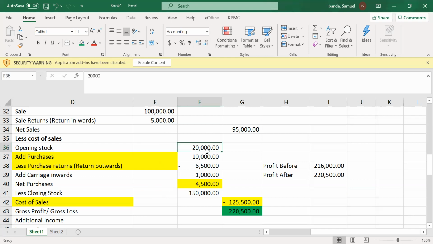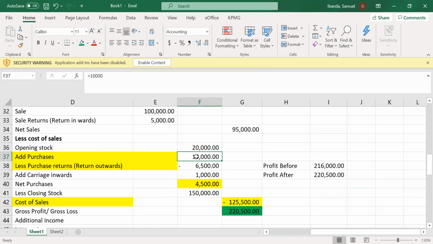When it comes to our cost of sales, let's first pick it from the aspect of cost of sales, okay? Because our cost of sales is opening stock, add purchases, and less closing stock. We're able to get our cost of sales. So if our purchases are high, because our purchases are added on the opening stock and the less closing stock determine our cost of sales, the higher the purchases, the higher the cost of sales.